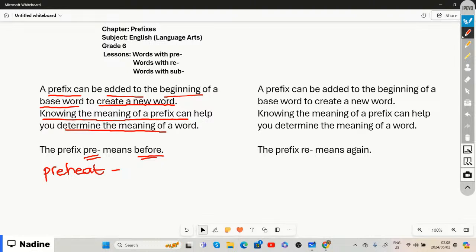If you look at another example of prefixes with pre, then we have the word predict. We have prevent. It's like you know something and we could have prevented that from happening.